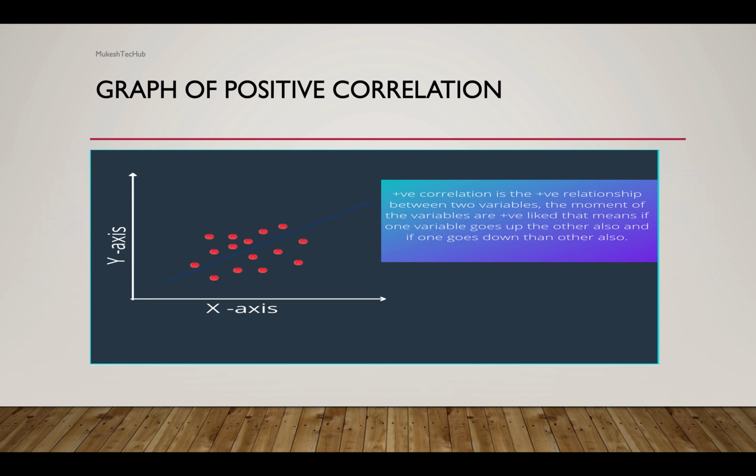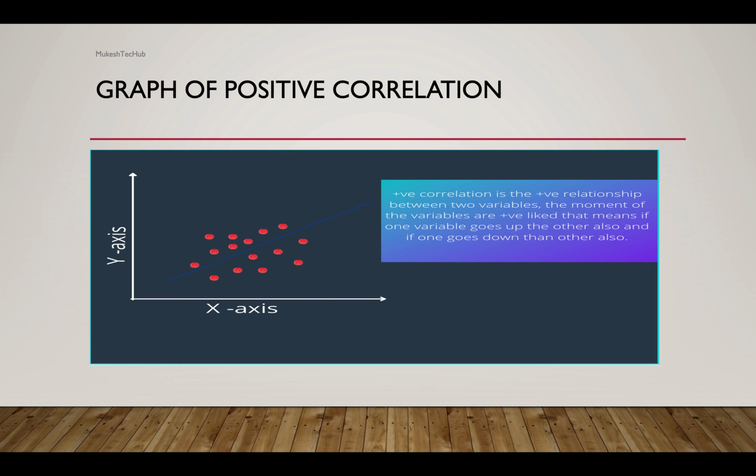If you see the graph here, positive correlation is the positive relationship between two variables. Here we can see the x-axis and y-axis, and we have a separation line. So the movement of the variables is positive. That means if one variable goes up, the second also goes up, and if one goes down, the other also goes down, right?